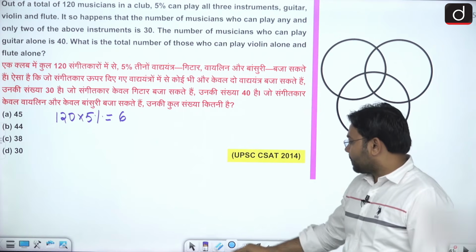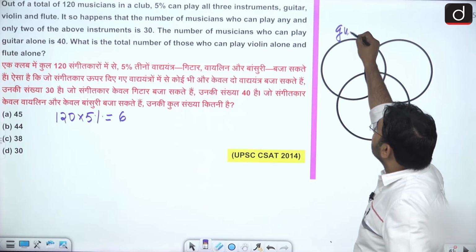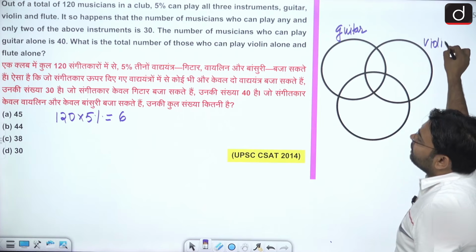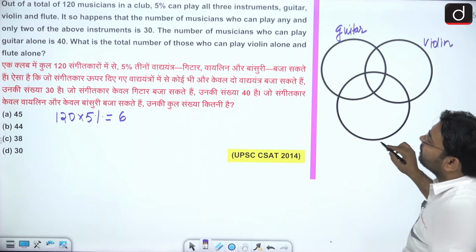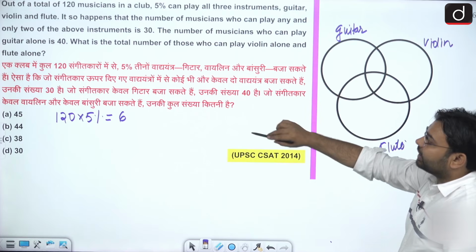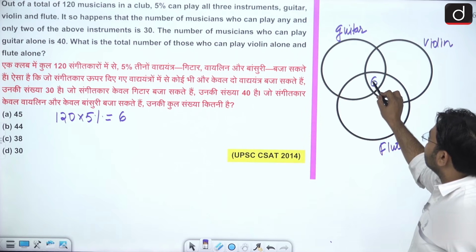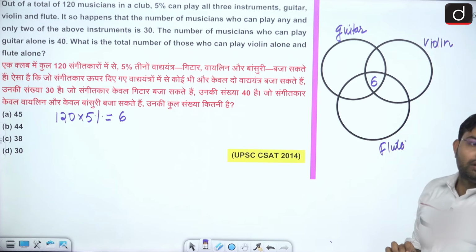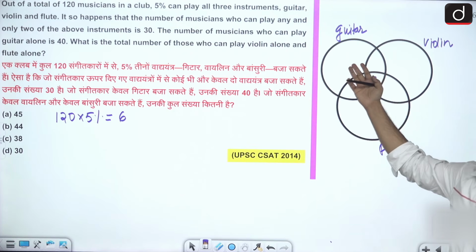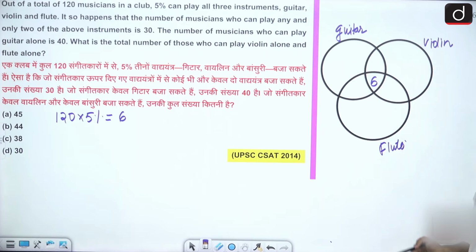So all three, you have the guitar, violin and the flute. 5% of 120 is 6, so 6 is here. 6 musicians are those who can play guitar, flute and violin, all three instruments.